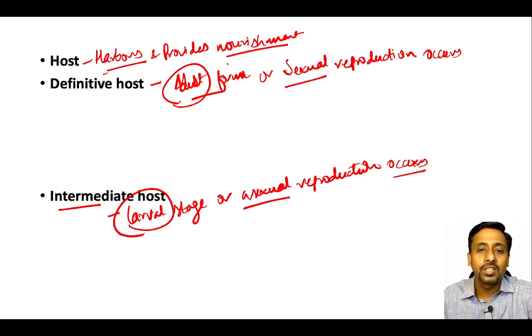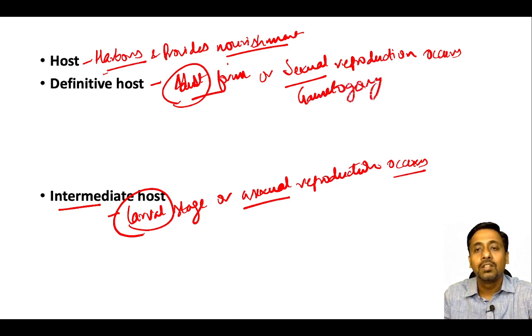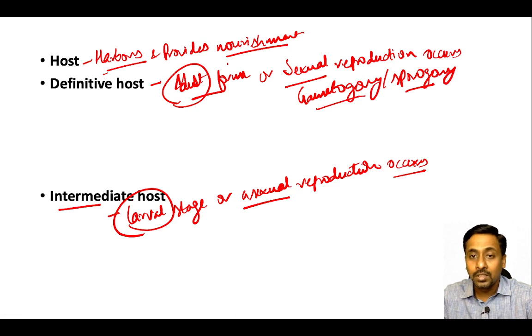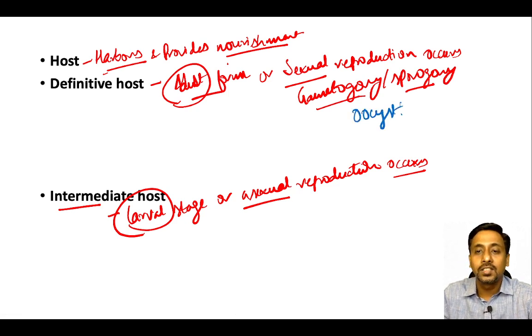So sexual reproduction usually occurs by gametogony and or sporogony. Basically, what is formed by sexual reproduction? An oocyst is formed, and what does it contain?